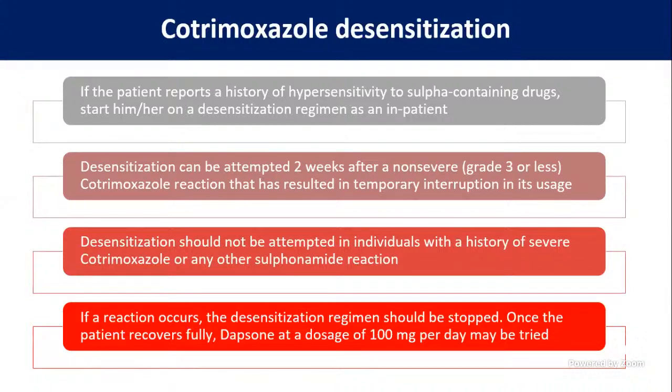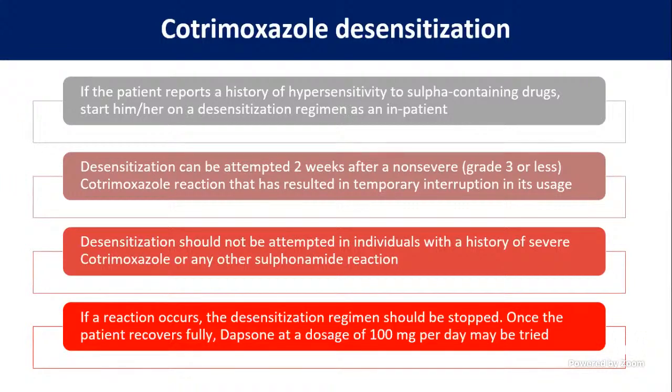So whenever we have a rash, we try to grade between 1 to 4, and we will discuss this grading at length in the next sessions on drug reactions. Once we grade it between 1 to 4, desensitization is to be attempted 2 weeks after a non-severe reaction, that is grade 3 or less only, which has resulted in temporary interruption in its usage.